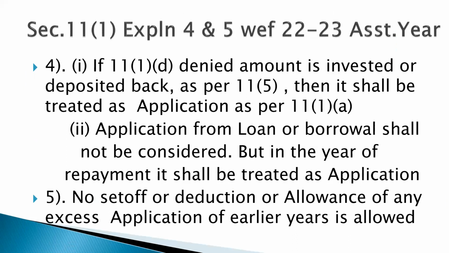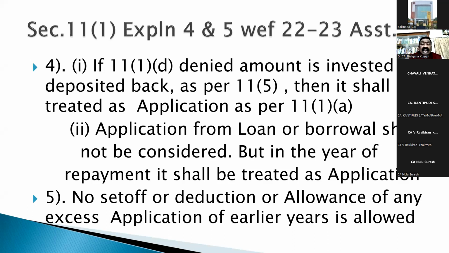Another important amendment: earlier, through court traditions, any one year's excess application beyond the income could be carried forward and set off, and in subsequent years it was claimed and allowable, including depreciation of earlier years not allowed or not utilized.